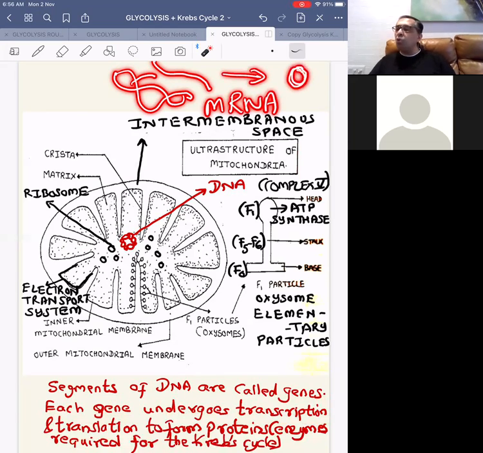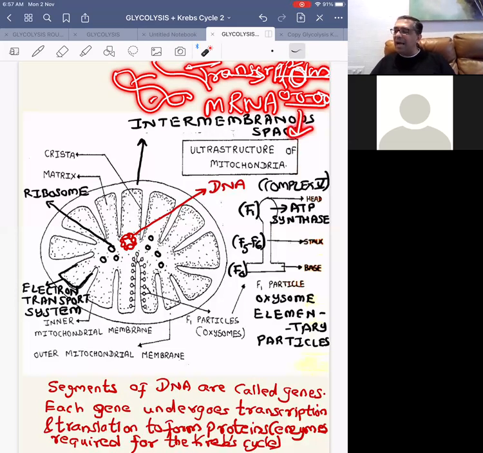And in the ribosome, the mRNA undergoes translation to form a protein. And that protein is called an enzyme. So DNA forming mRNA is called transcription, and mRNA in the ribosome forming a protein is called translation.